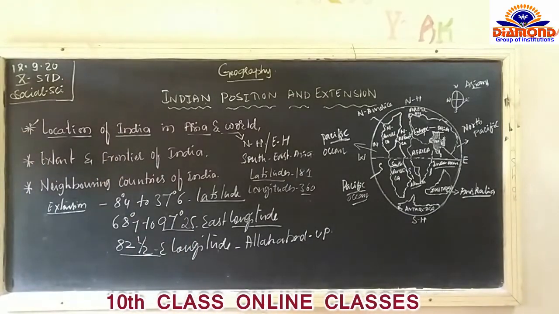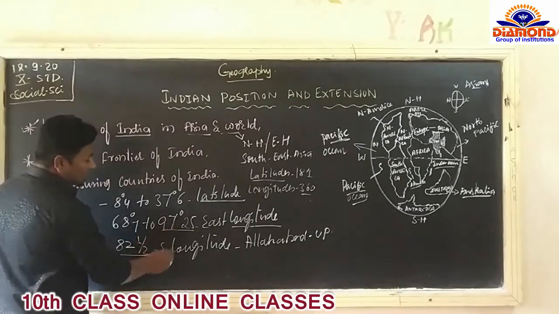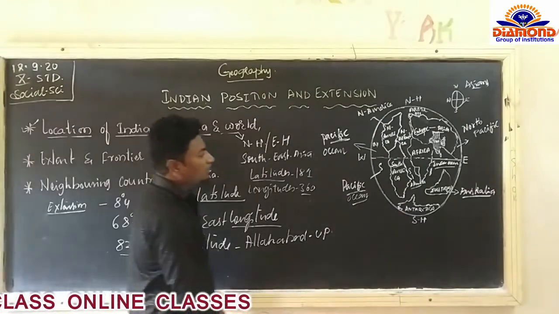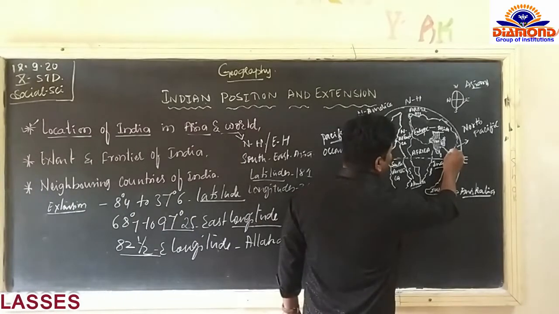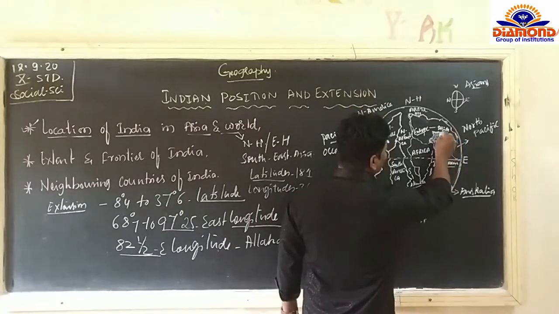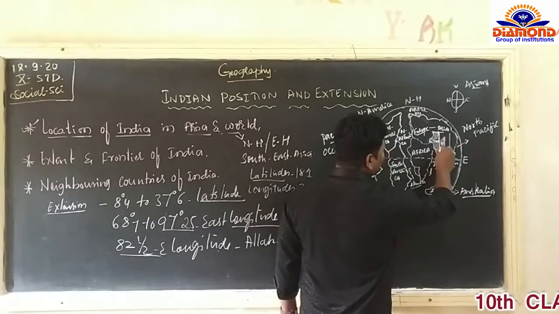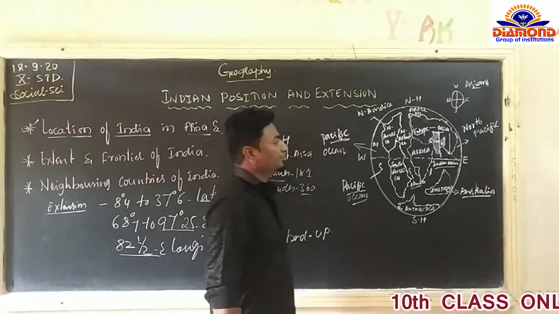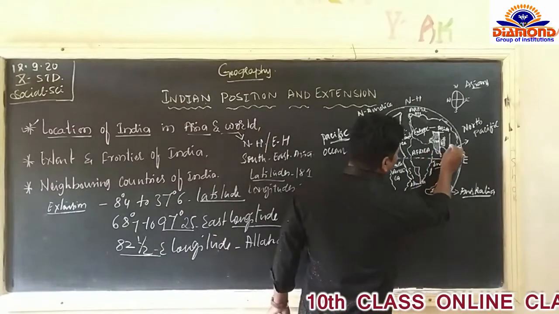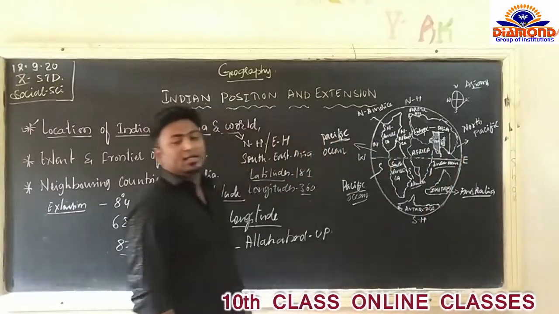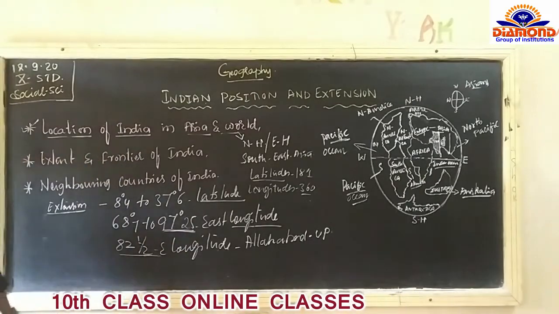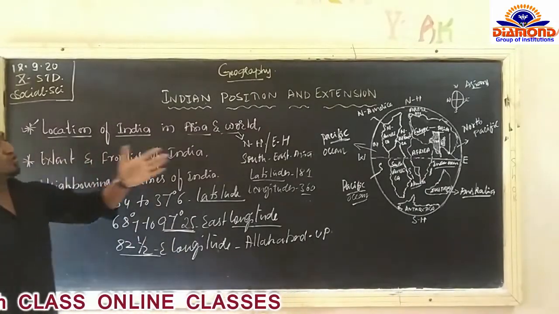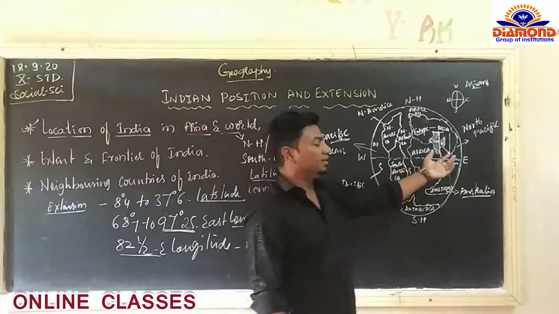What is that? This longitude goes towards the Andaman and Nicobar. But the important line of longitude in India is the 82 and a half. When it extends till Andaman and Nicobar, that is up to 97.25, our India is also till the Andaman and Nicobar.